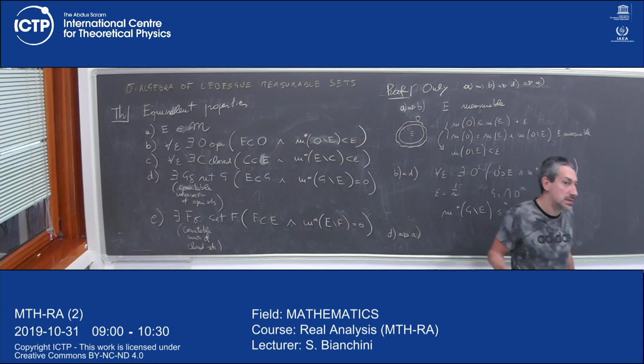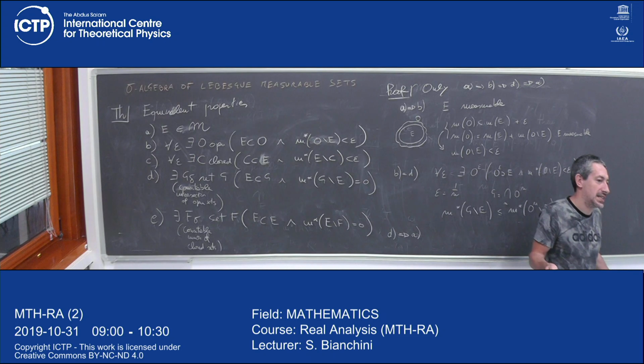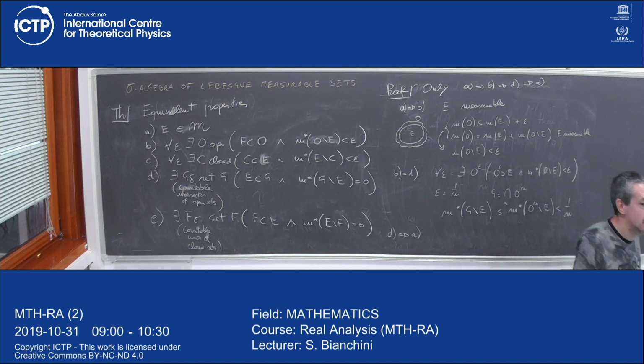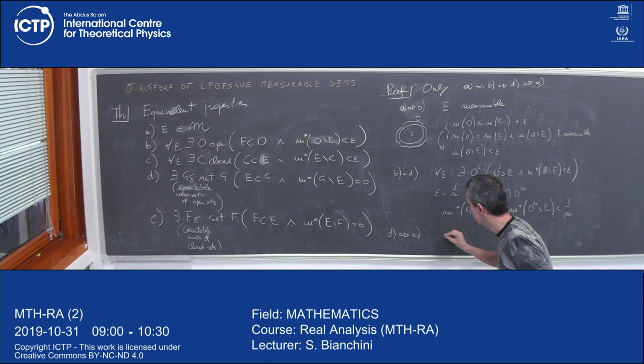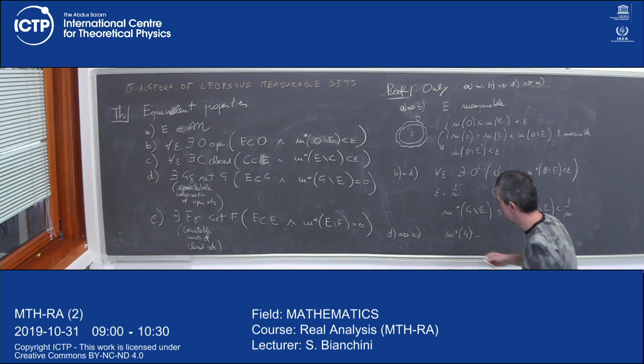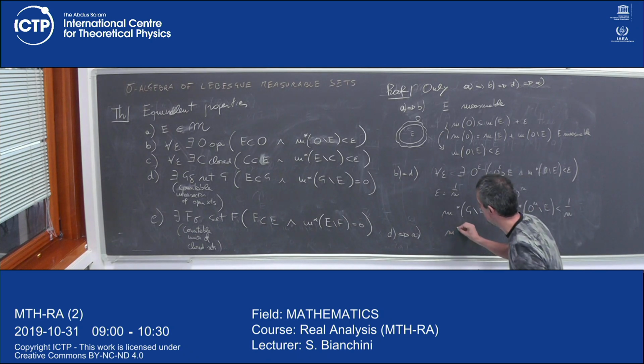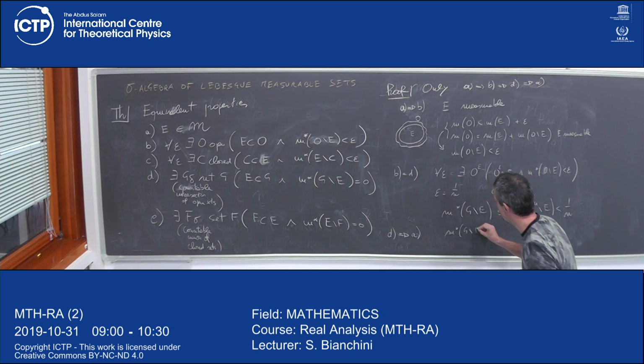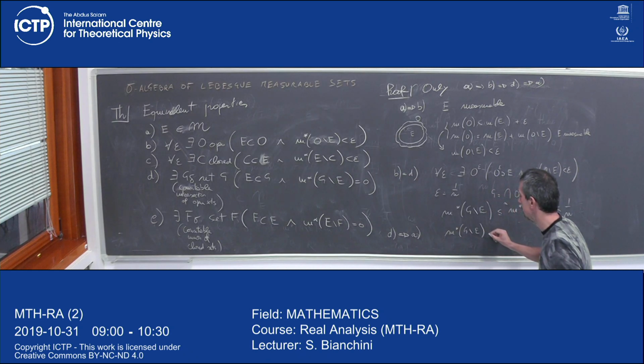And now this we did already in the exercise. This says that M star of G minus E is equal to 0, and I know that a set of measure 0 is measurable.